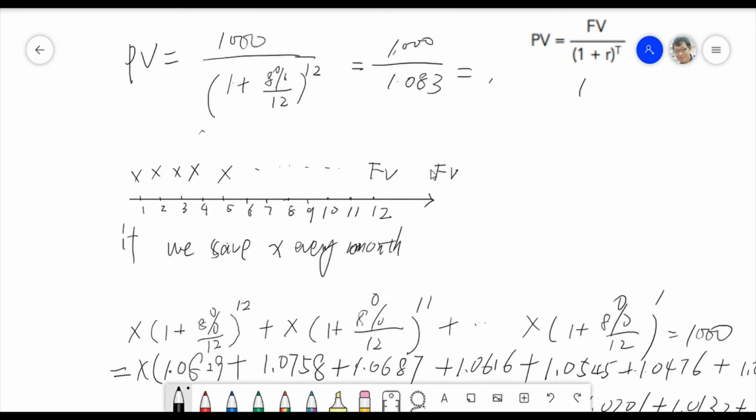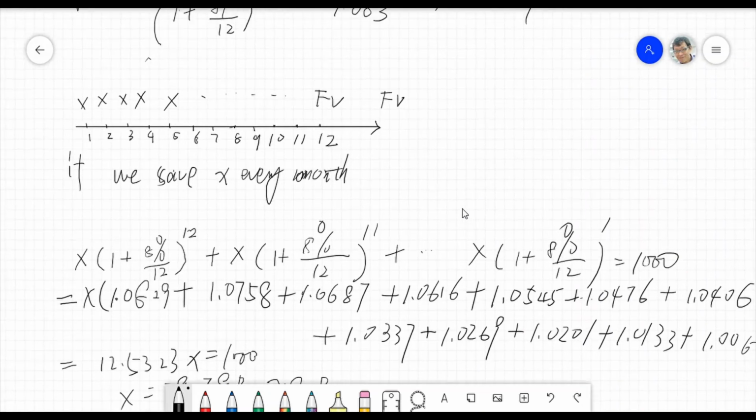So if you save in February and go to the end of 12, you only have 11 months of interest based on your monthly interest rate. So look here, this is what I'm calculating.